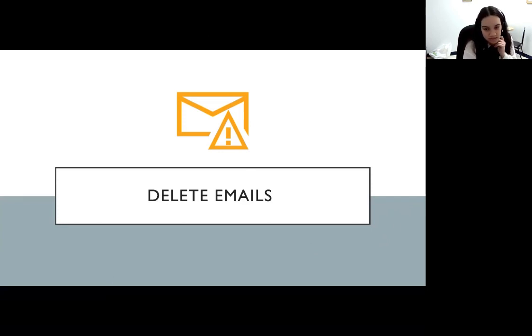It doesn't work that way with a smartphone or a tablet because they don't have that function just yet. But if you are someone on this call today that does have a computer, I'm going to show you where to find how to delete a lot of emails in one shot.